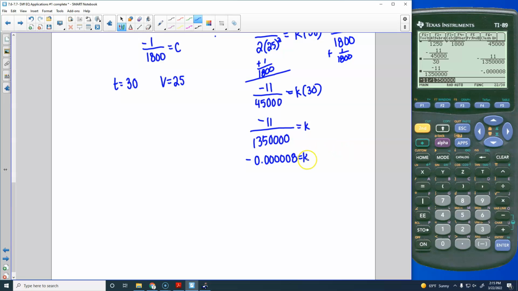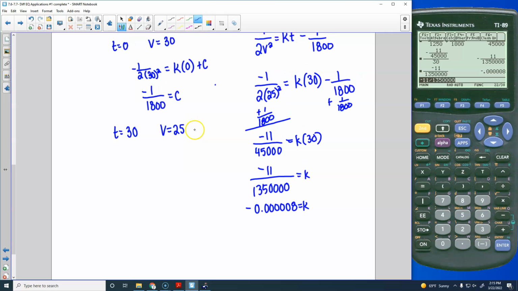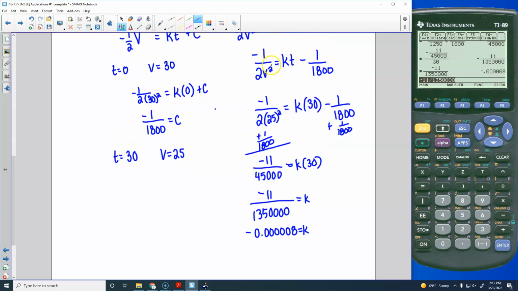Okay, so that's our K. And so now if we go back to that equation that we've been using right here, negative 1 over 2v squared equals negative 0.000008 t minus 1 over 1800. 5 zeros.